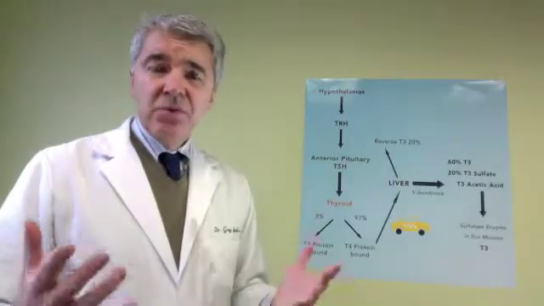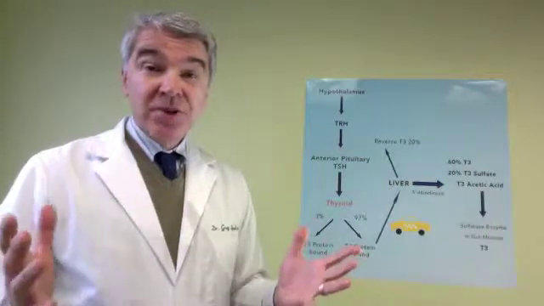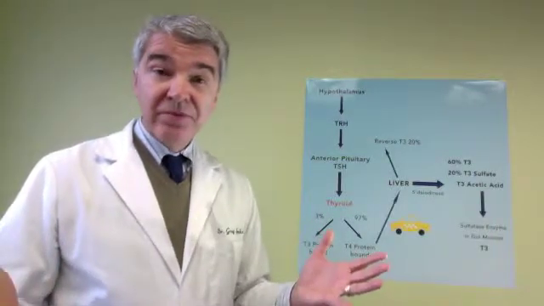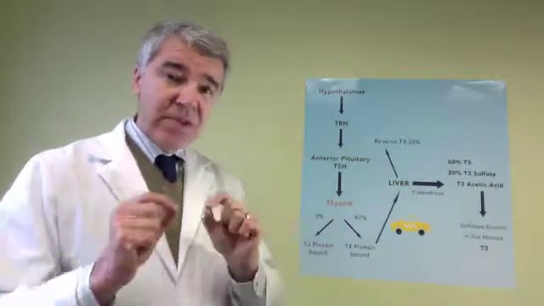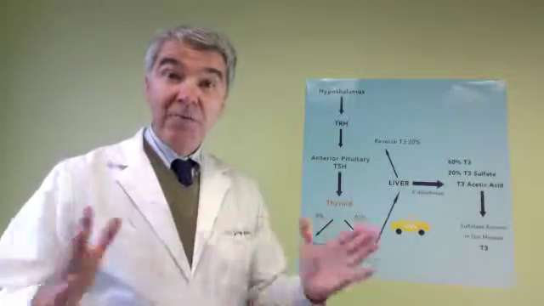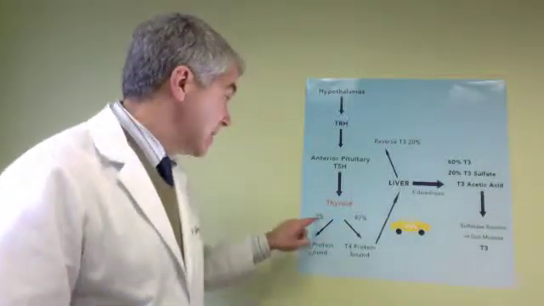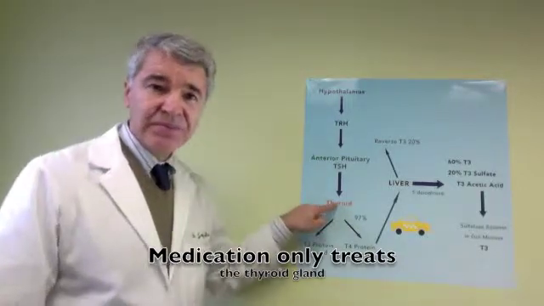Why doesn't your thyroid medication work? Well, simply, it may not be addressing the problem that you have, because you need to understand the thyroid system. The thyroid medication that's traditionally given out to individuals with hypothyroidism is affecting just the thyroid gland and nothing else.